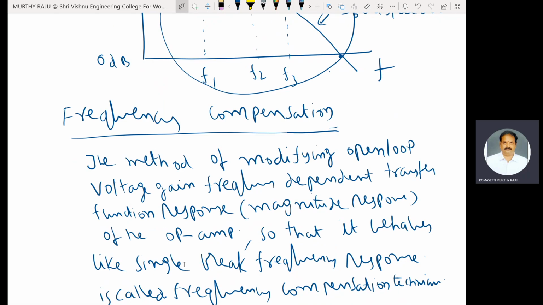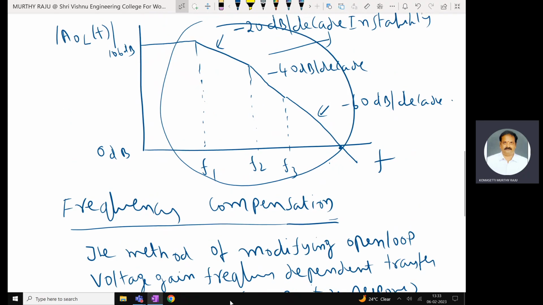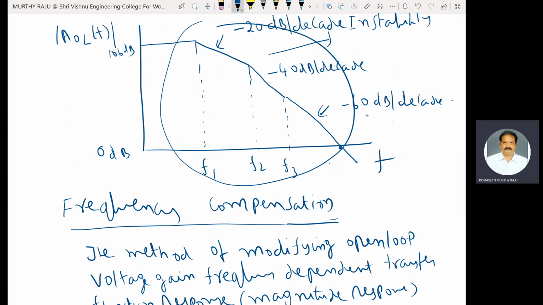The gain decreases at the rate of minus 20 dB per decade only, instead of minus 60 dB per decade, by introducing frequency compensation networks connected to the uncompensated op amp.